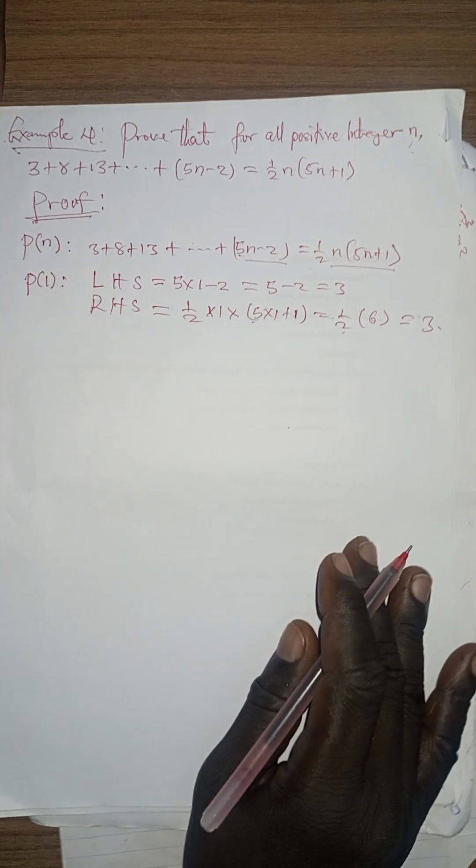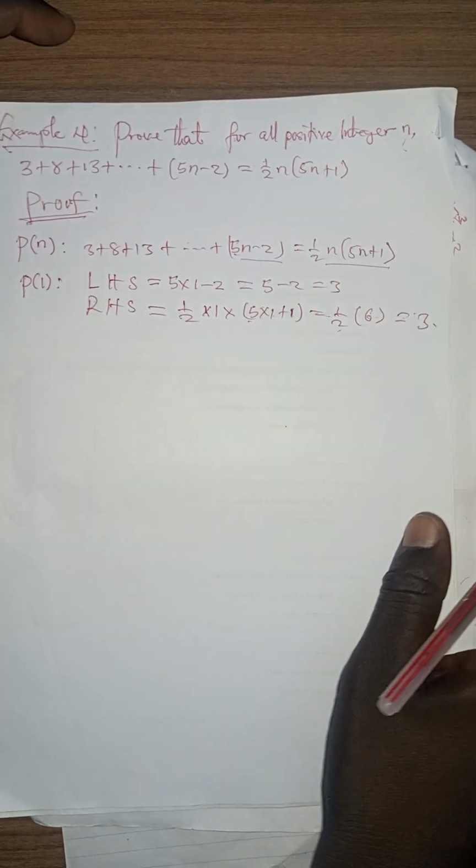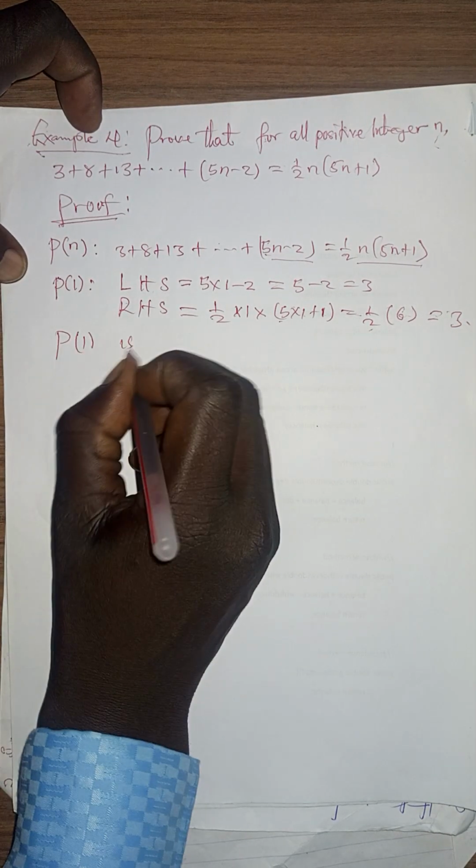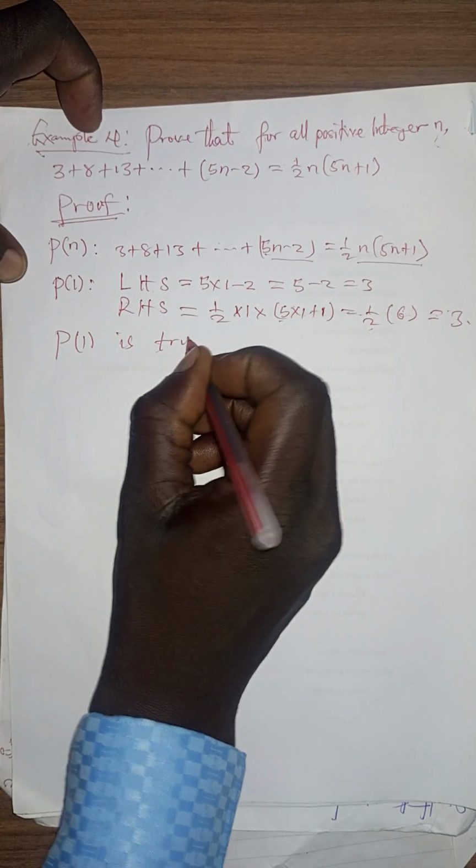We can see clearly that the left-hand side is 3 and the right-hand side is 3. So the equation is true for n equals 1. So we say p of 1 is true.